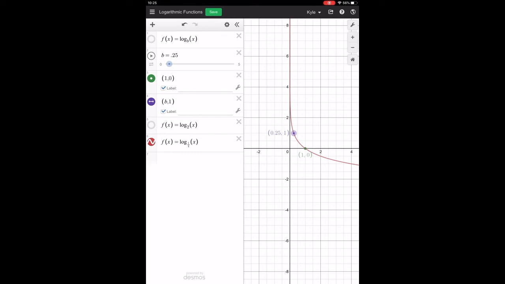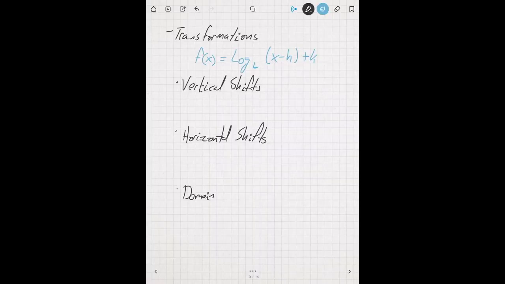What I'd like us to do now is take a look at what happens as we further manipulate the logarithmic function. So far, all that we've done is look at the parent function of the logarithm, and all we've done is manipulate b. We keep changing the values of b, which is okay. But what happens if we start manipulating the function a little more?